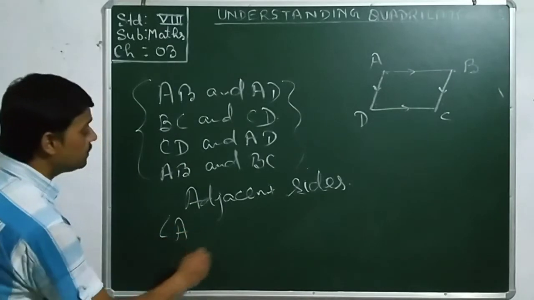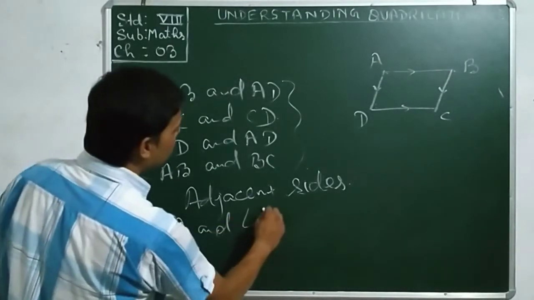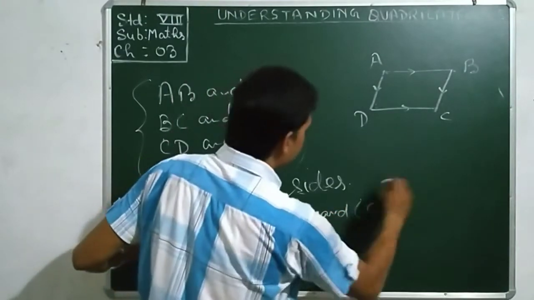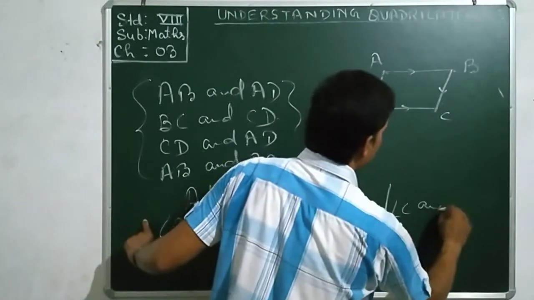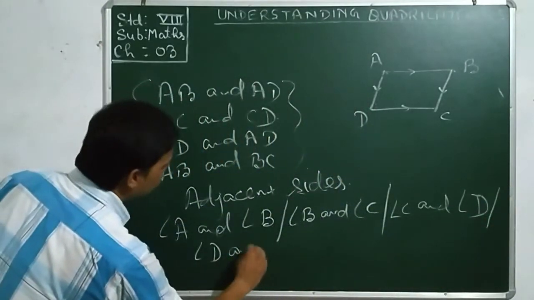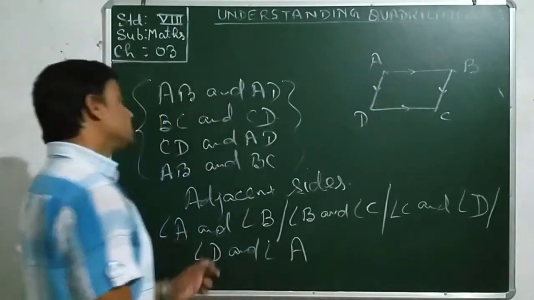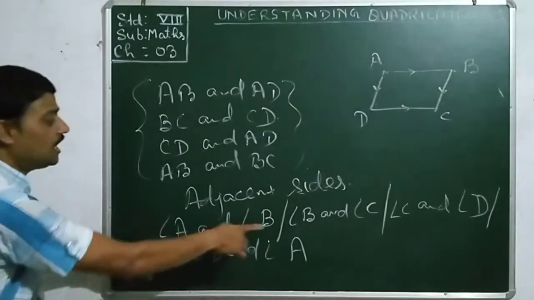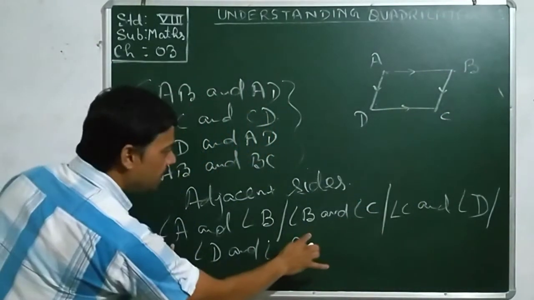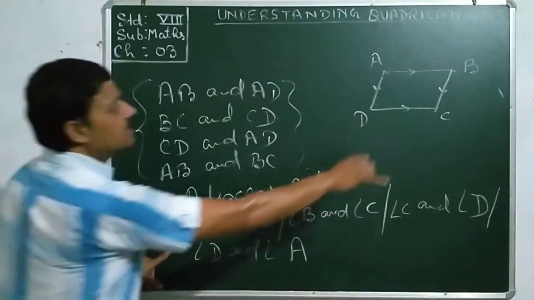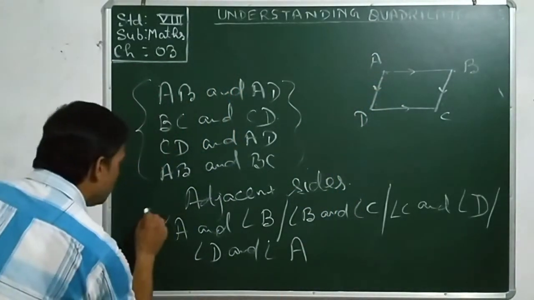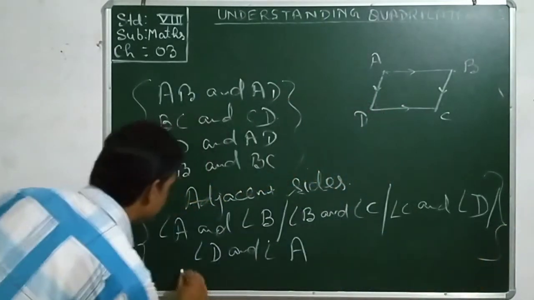Similarly, angle A and angle B, angle B and angle C, angle C and angle D, and angle D and angle A are all adjacent angles.